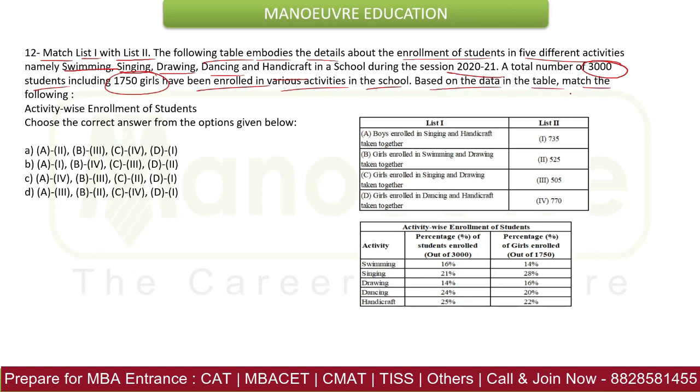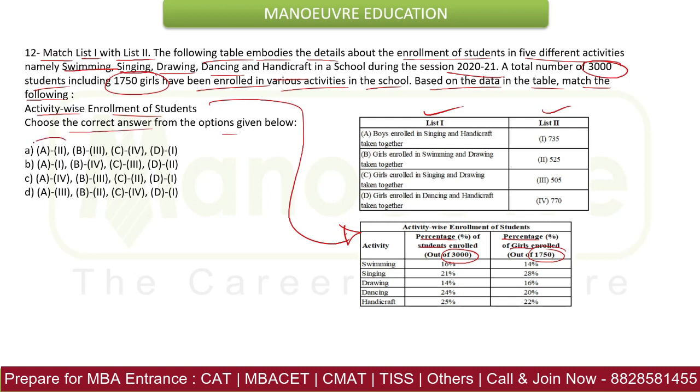Based on the data in the table, match the following activity-wise enrollments of the students. Now here list 1 and list 2 is given to us, and here activity-wise enrollments of the students is given to us. This is percentage of the total students out of 3,000 and this is percentage of girls out of 1750. Now we have to choose the correct option.